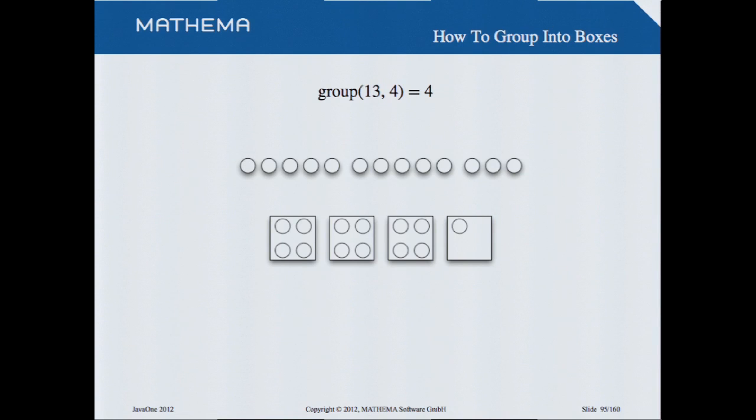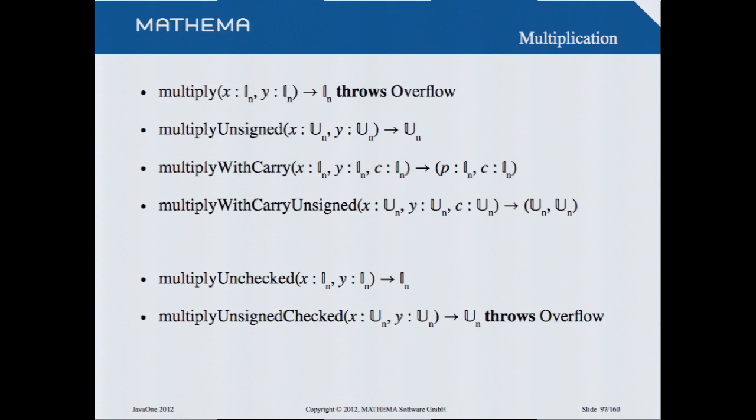And if you want to know how many elements are missing in the last box, then you use the pad function and it gives you the correct number. So this might be useful. I think it would be more useful in a higher level language, but these operations are offered, and it's a little bit tricky to do it based on the division which is available, but you don't need to care about it. The proper versions are offered.